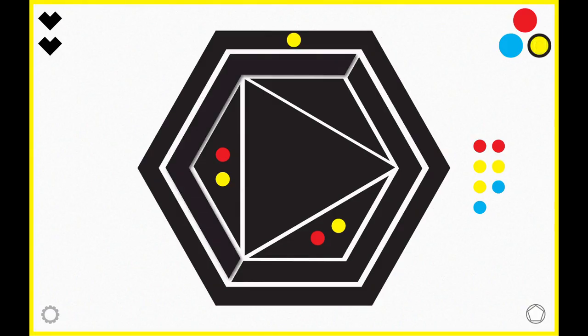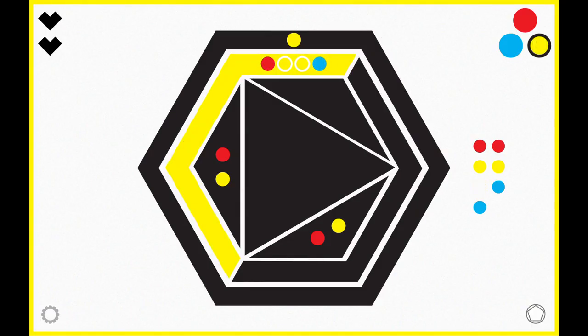Let's just start by saying this one's yellow. Now it's touching. Does this count as touching? What do you think? I feel like it doesn't count as touching. I think these are touching.